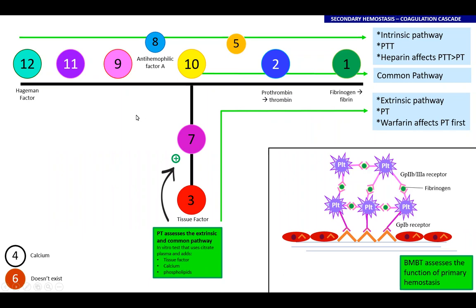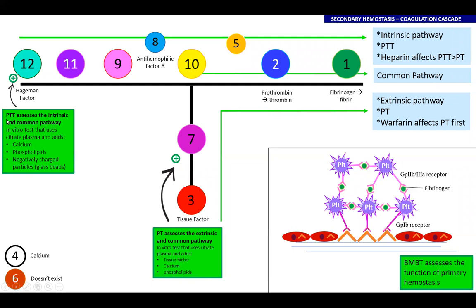So if you have a deficiency over here in the intrinsic pathway, that's not going to affect your extrinsic pathway. If you have a problem earlier in coagulation with your primary hemostasis, that's not going to affect your PT because you've added everything that the body needs to start at tissue factor and go to fibrin.